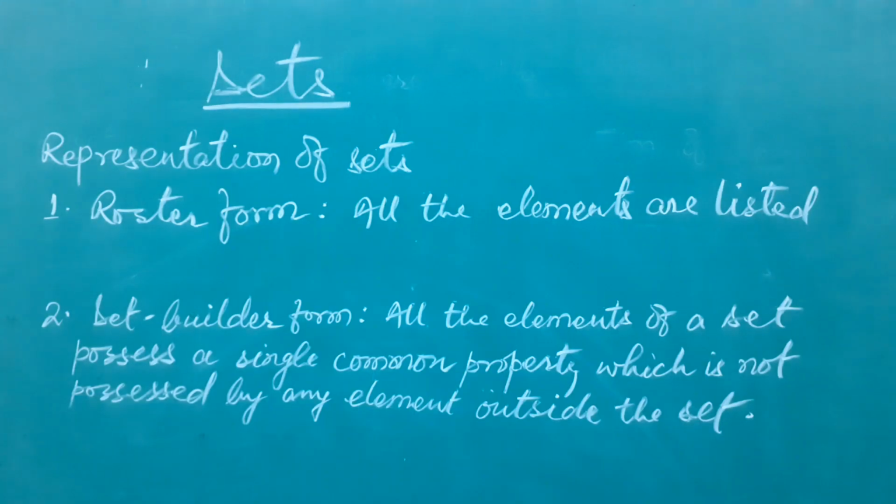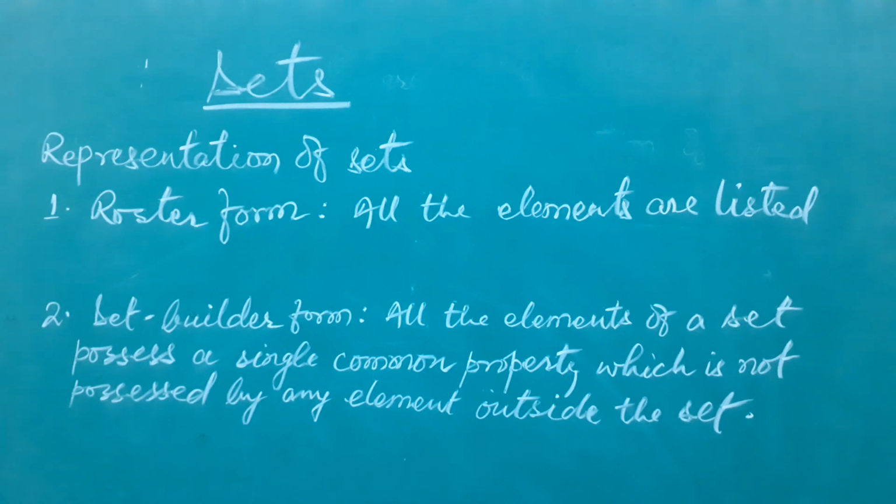The collections or sets are represented by capital letters of the English alphabet, while the elements or objects or members of the sets are represented by small letters, small a, b, c. Now every set can be represented in two different ways.